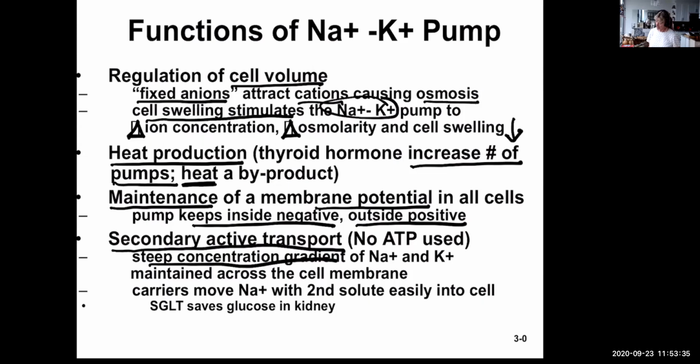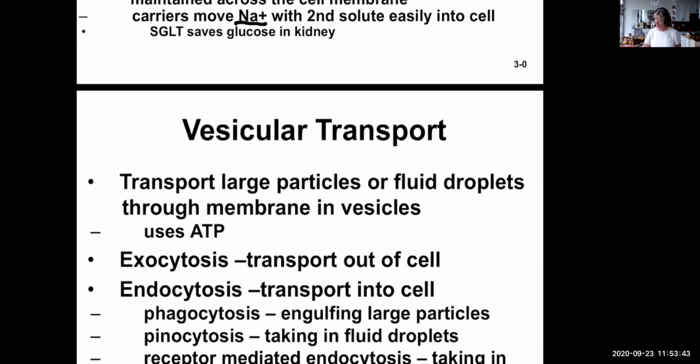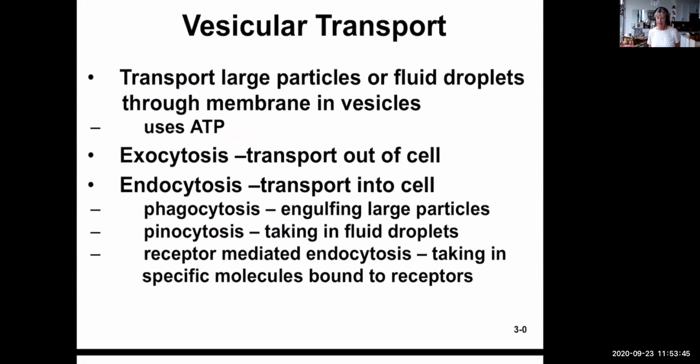Therefore, carriers can move sodium across the cell membrane very easily. Vesicular transport is another kind of transport. It's the transport of large particles or fluid droplets. So they don't go through a transport protein. Rather, they go through by exocytosis or endocytosis.